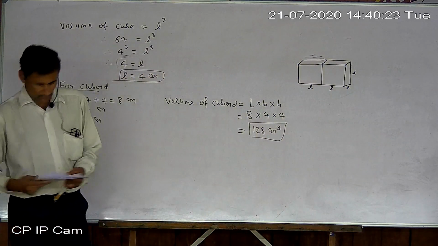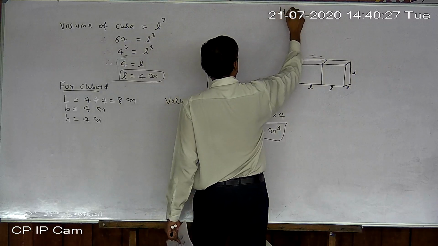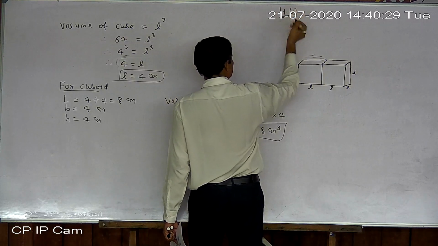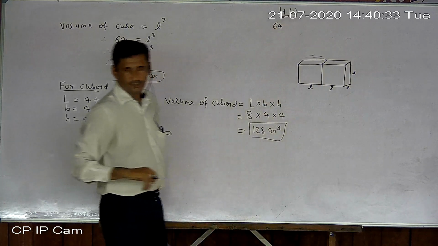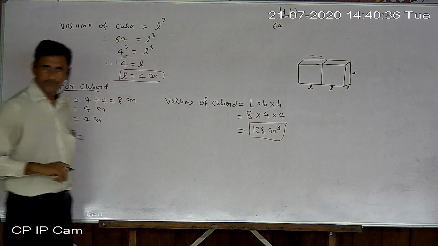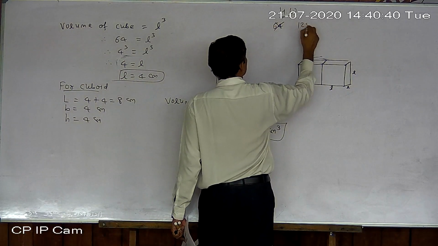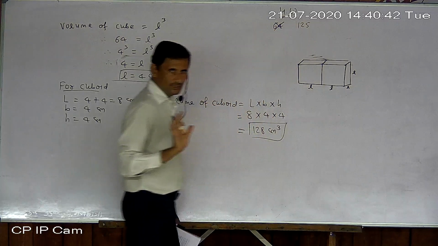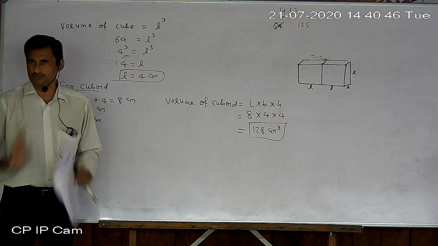Now look at number 2. Now for homework, I give you one extra sum just like the first one, but instead of 64, you just write 125. Otherwise the question is repeating only. So you understand? Same question, I change only the value.